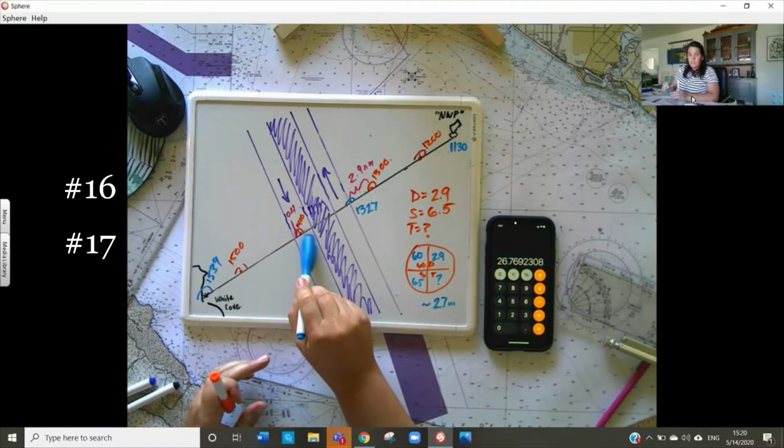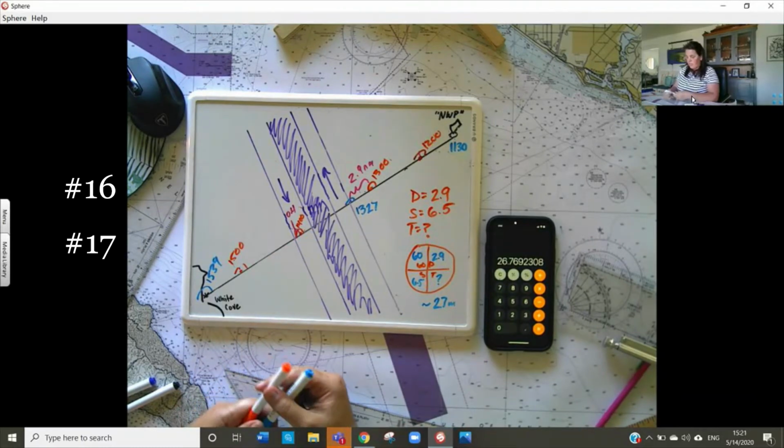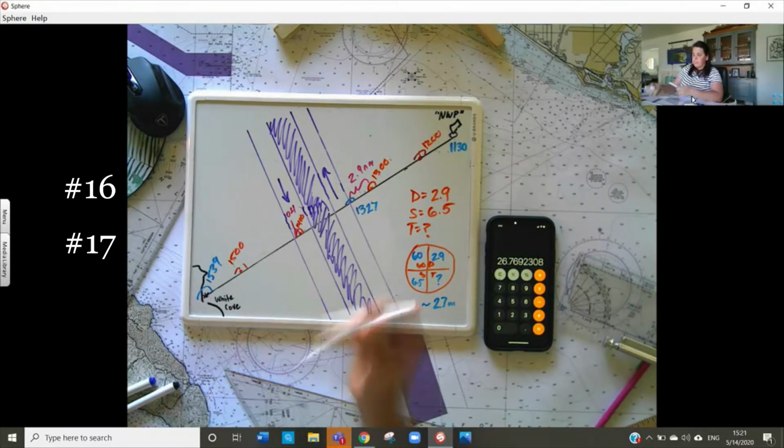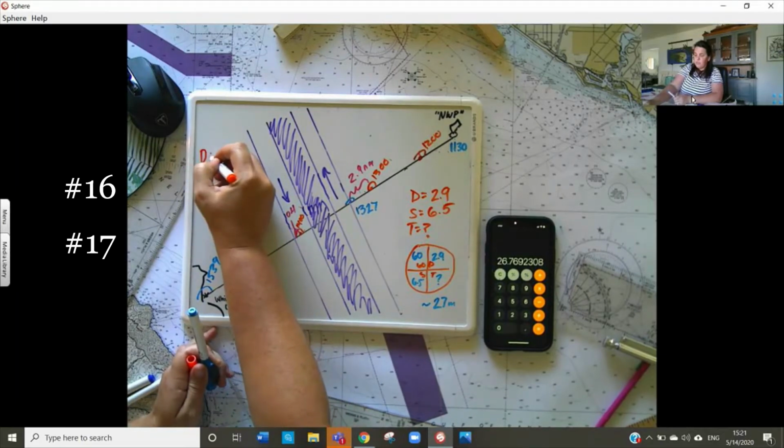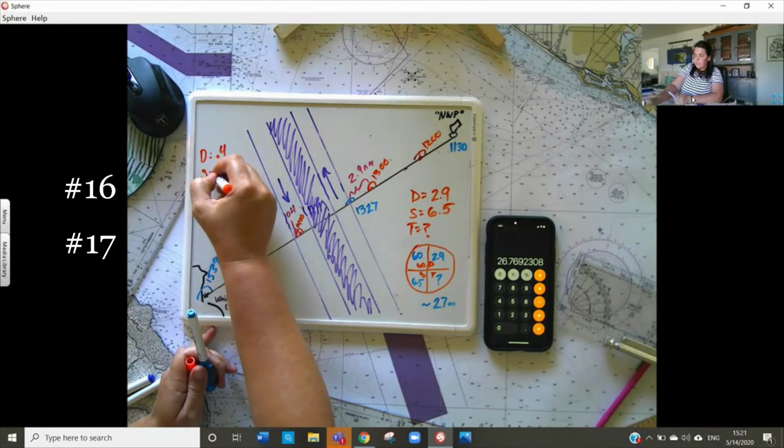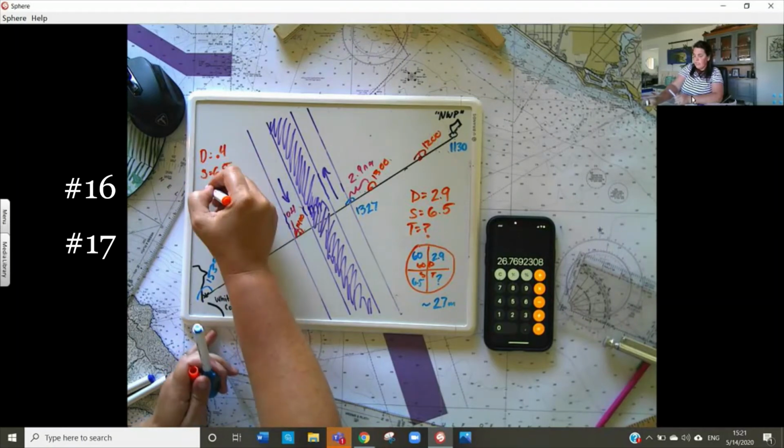Now to do the exiting of the traffic lanes, we can do the same calculation. Distance would be 0.4. Speed is 6.5. Time is our question mark.